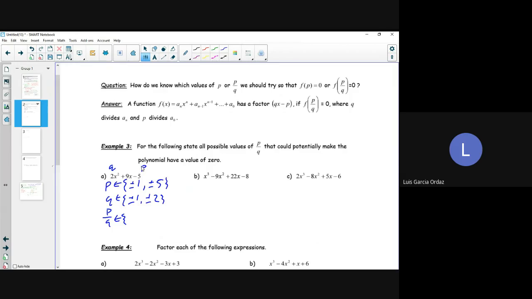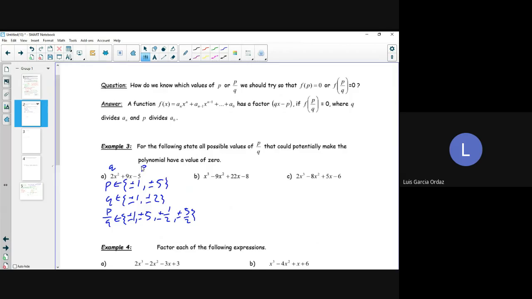What's 1 over 1? We're just going to get 1. Positive negative 5 over positive negative 1 is just positive 5. And then we get 1 over 1, which is 1. And then we get 1 over 2, and then plus or minus 5 over 2.